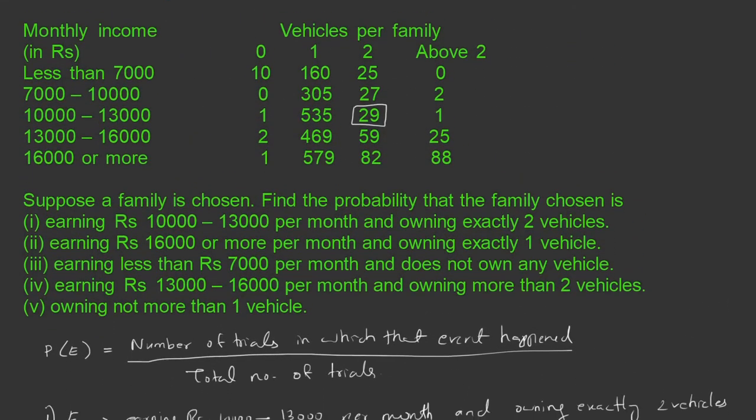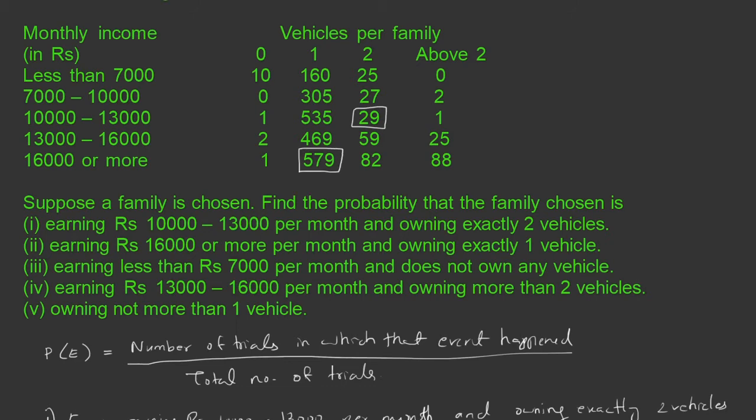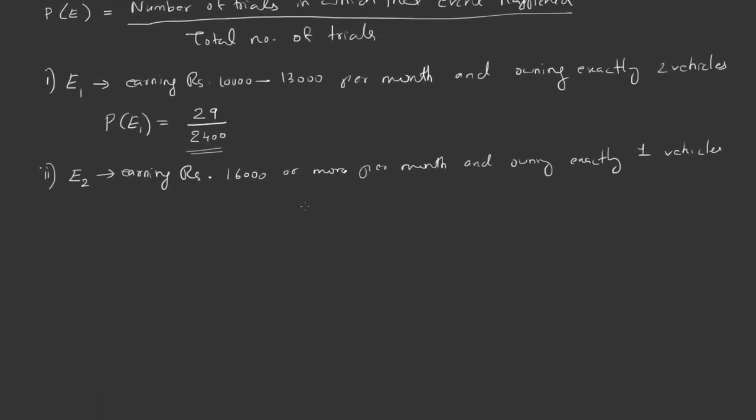So, the data I can easily find for 16,000 or more and 1 vehicle is 579. So, I can write the probability of this event P(E2) is equal to 579 divided by 2,400.